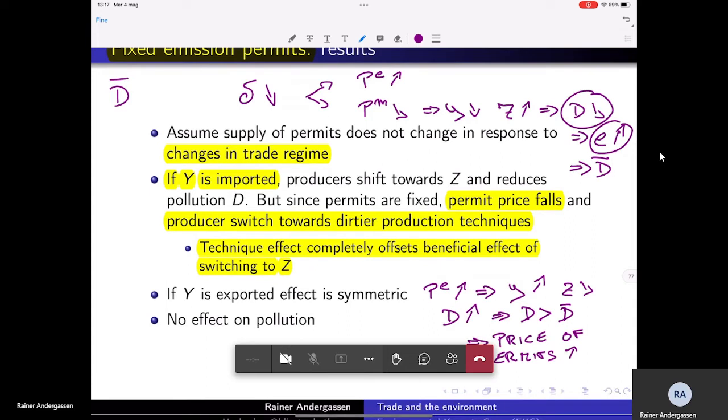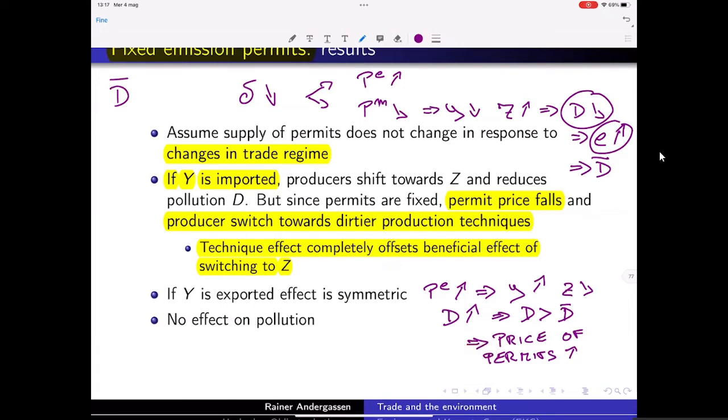But if the price of permits increases, it becomes costlier to pollute, and that's why you have to switch to cleaner production techniques. And so emission intensity goes down. And this happens till the pollution is equal to the number of permits available.